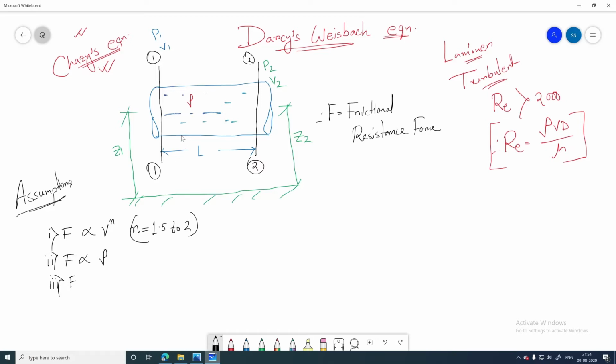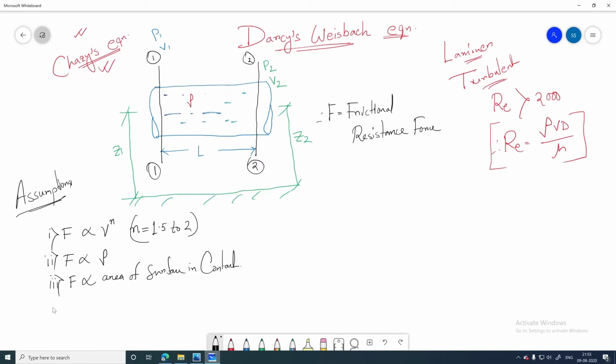That means here you can see the water is in contact with the pipe surface, right? So this frictional resistance force is directly proportional to the area of surface in contact.